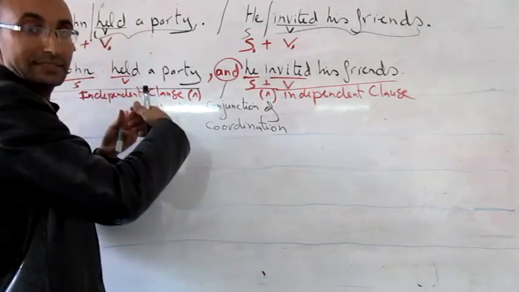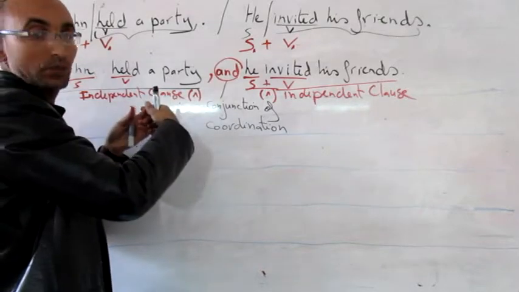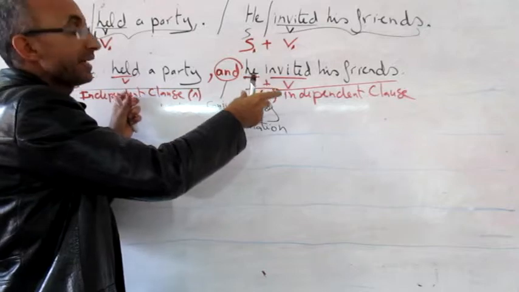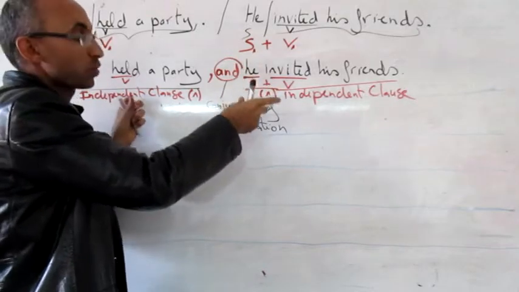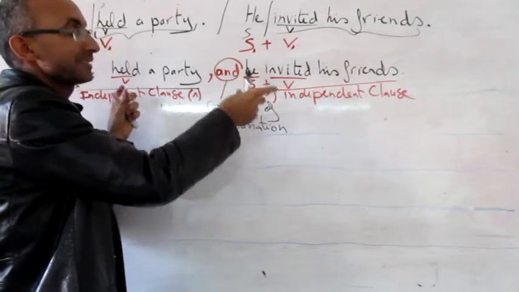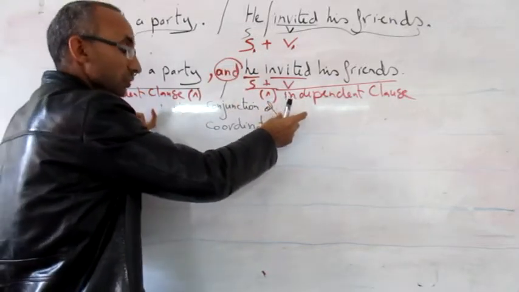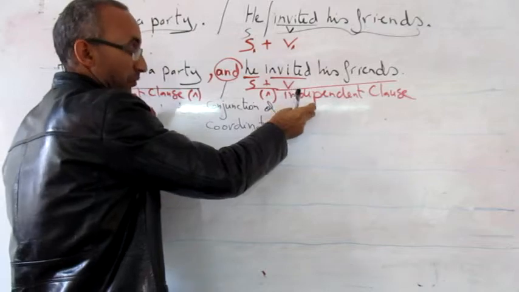Because it coordinates, it links, it joins the two independent clauses in one sentence to form a new type of sentence.